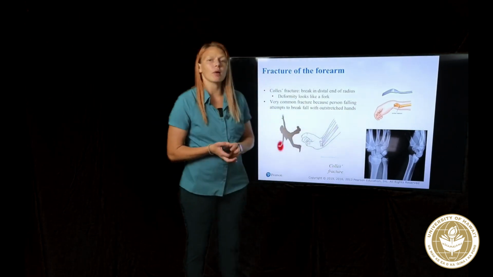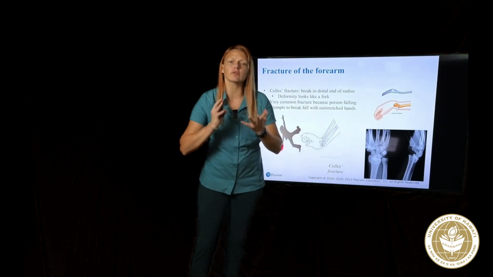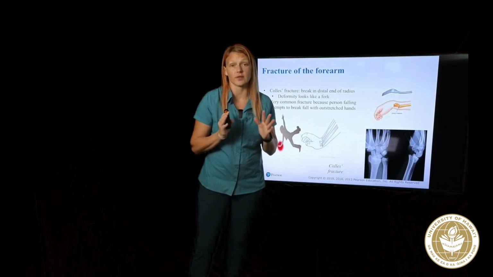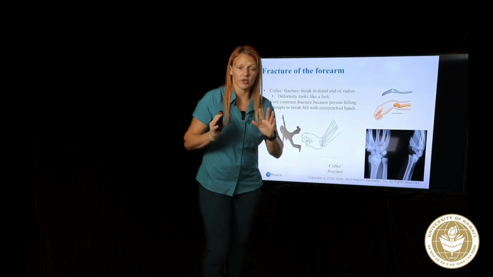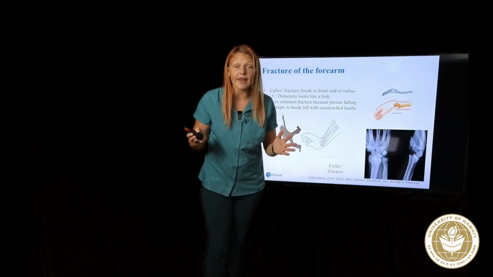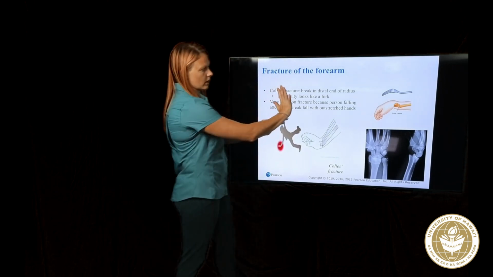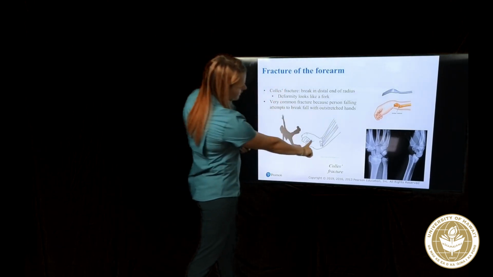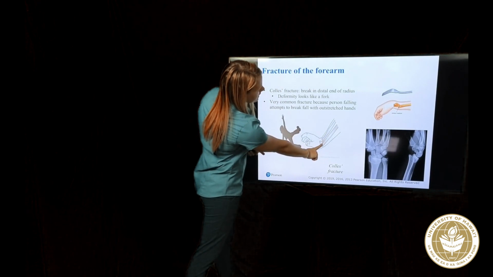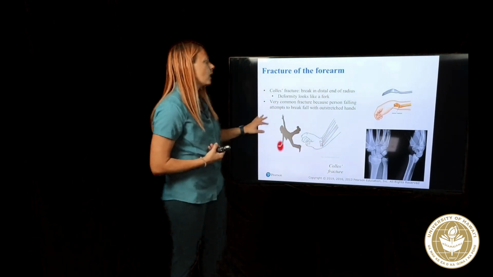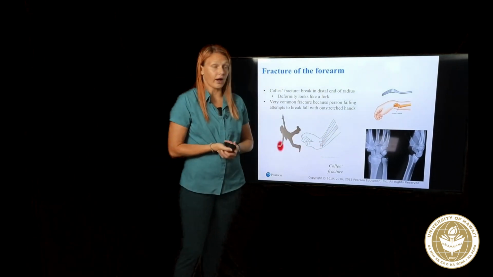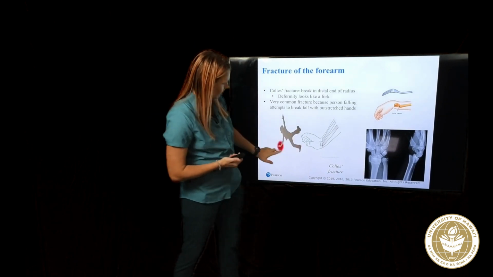It's a very common fracture if you think about it, because if you're about to fall, what's the first thing that you do? It's not put your knees down, it's not, oh, I better put my head down, right? The first thing you do is brace yourself like this. You can see here that bracing causes this fracturing at the distal end of your radius. You can see that motion here.